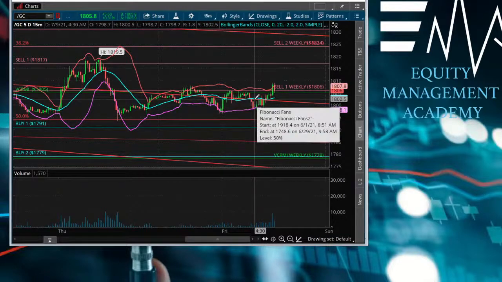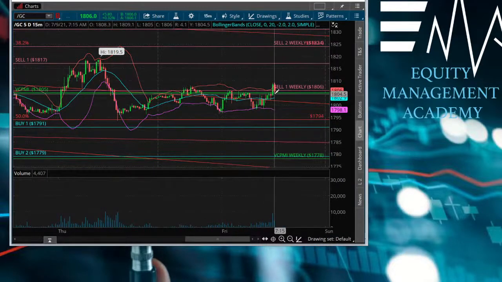So let's continue to watch the market here. As I said, it's in an average price, and when the market is in the average price, it basically recommends to do nothing.